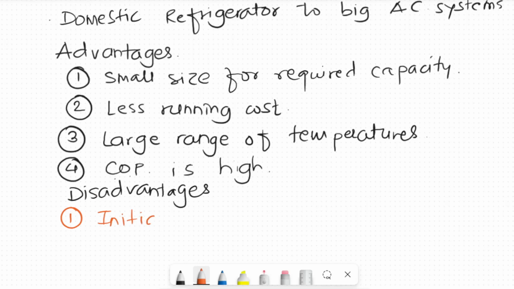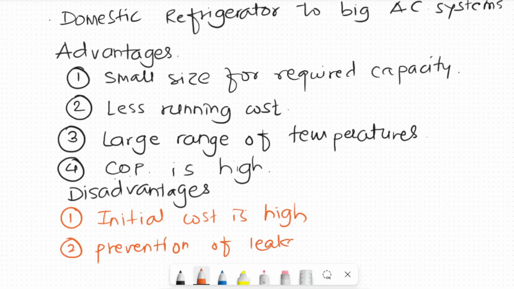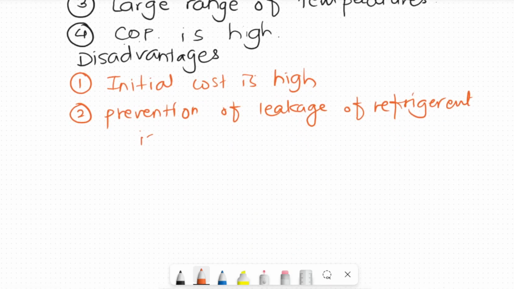So, initial cost is high, and we can say that prevention of leakage of refrigerant is difficult, or is a major problem.